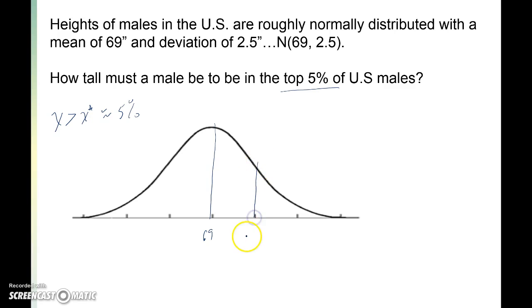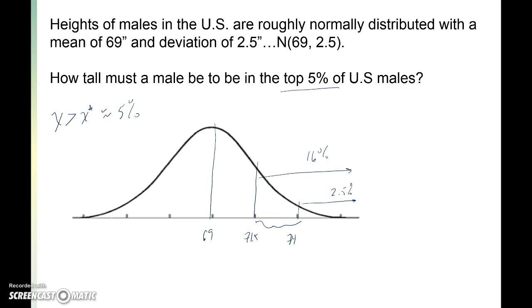We know that above 71.5 is going to be 16%. We know above 2 standard deviations is going to be 2.5%. So it's, again, going to fall somewhere in here.